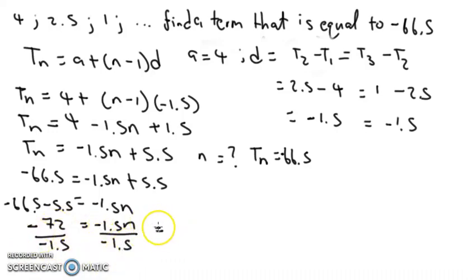The answer will be n is equal to 48. So a term that is equal to negative 66.5 is term number 48. Its n is equal to 48.